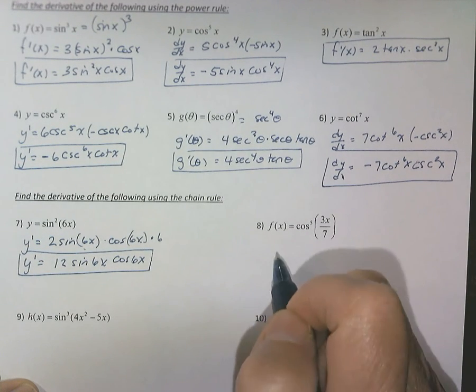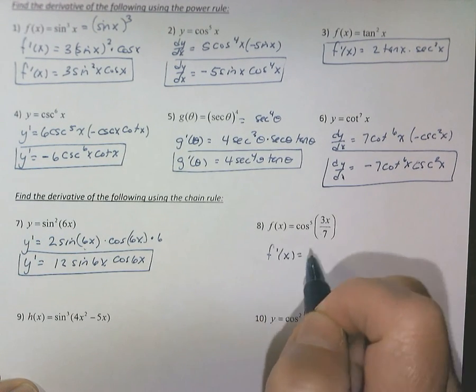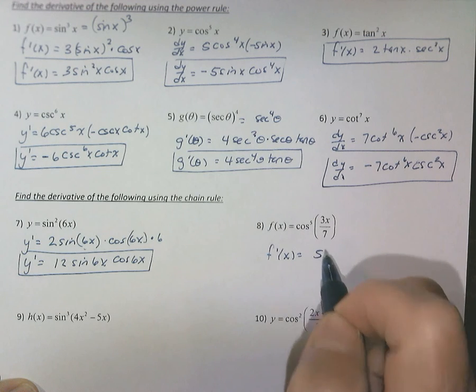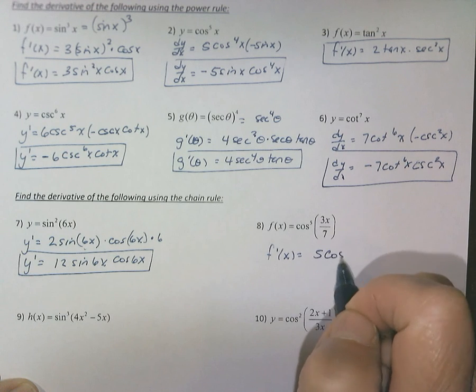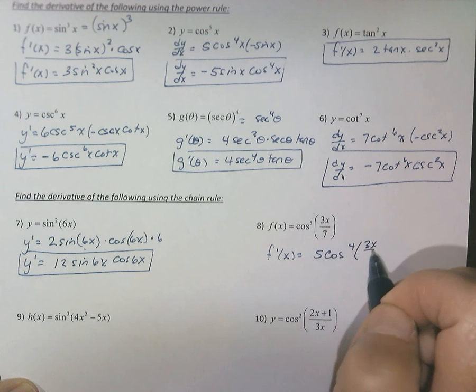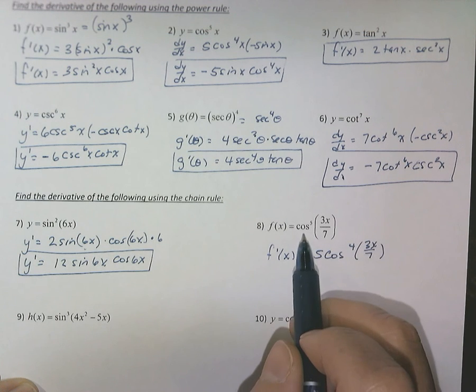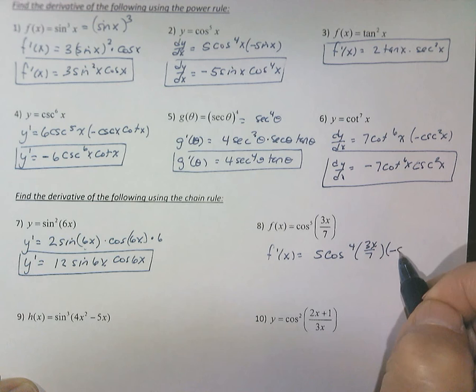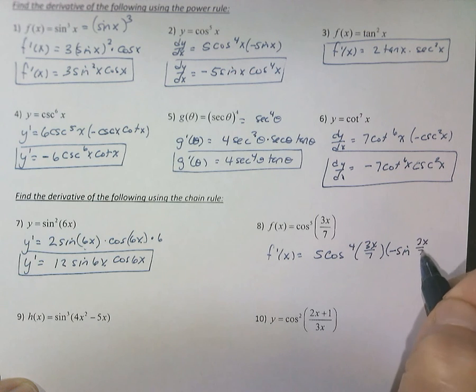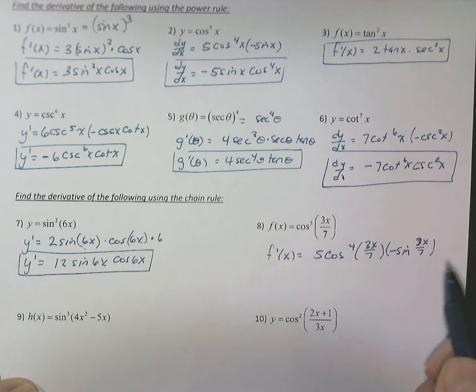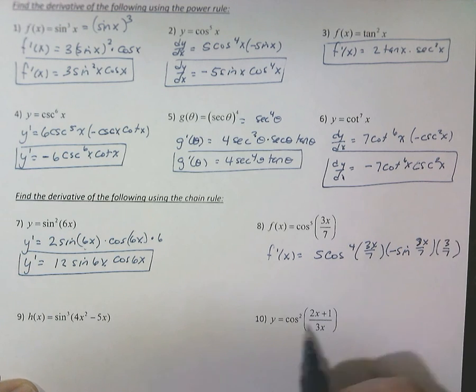So let's try it with this one here. So f prime of x, my exponent is 5, so the 5 comes out front. Cosine to the 4th, 3x over 7. The derivative of cosine is negative sine, 3x over 7. Multiplied by the derivative of 3x over 7, which is going to be 3 over 7.